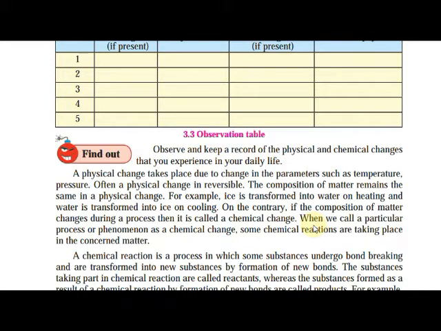On the contrary, if the composition of matter changes during a process, then it is called a chemical change.